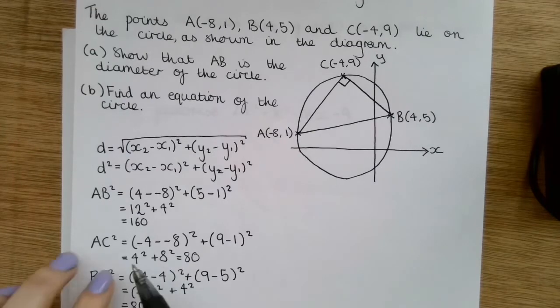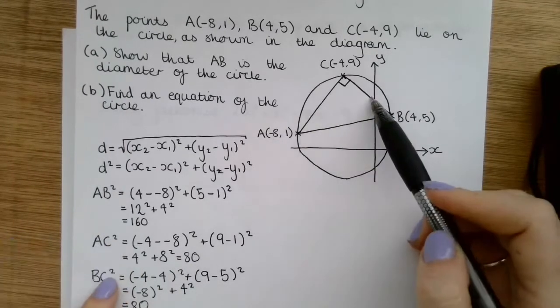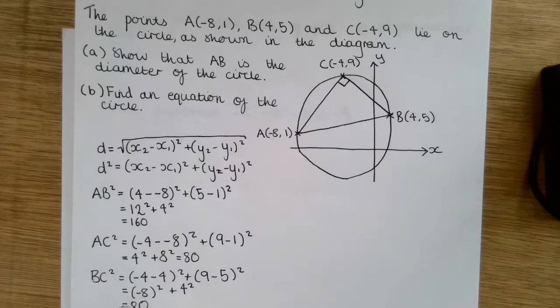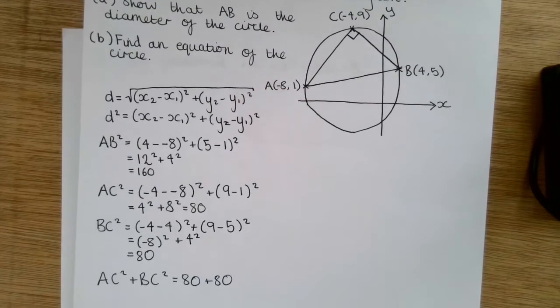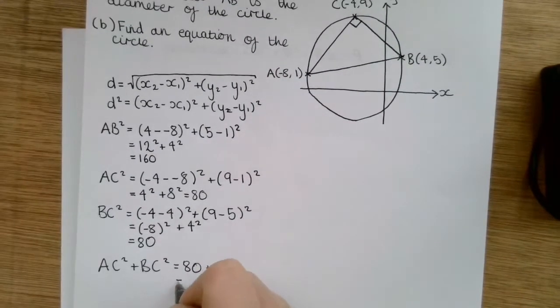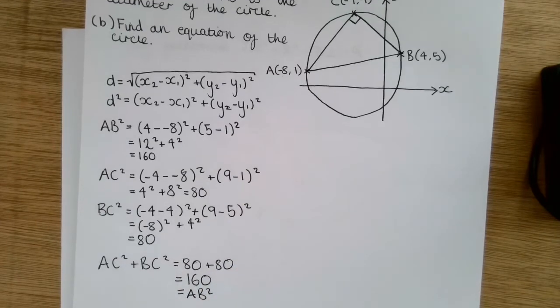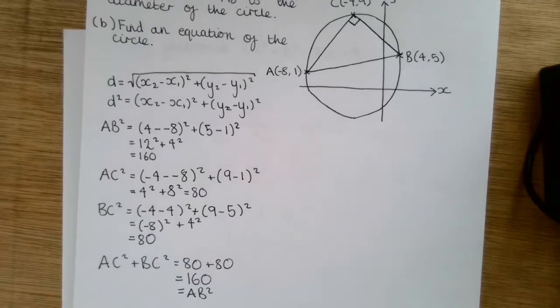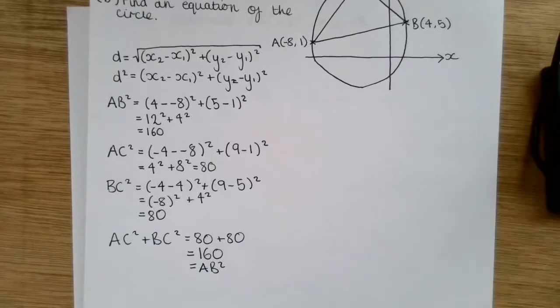So we're going to add AC squared and BC squared together, which is 80 plus 80. That is equal to 160, which is equal to AB squared. We then need to write a statement to conclude our answer.